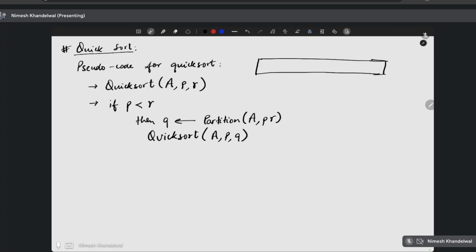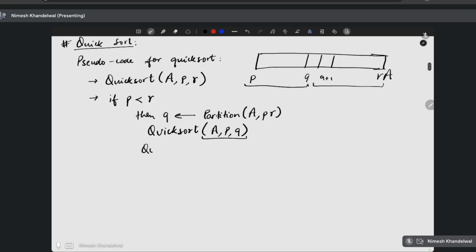So we have an array A, and starting from p and r, initially the first and the last element, using the partition algorithm we found an element q. Then from p to q we perform quicksort again recursively, and from q plus 1 to r we perform quicksort on the next subarray.